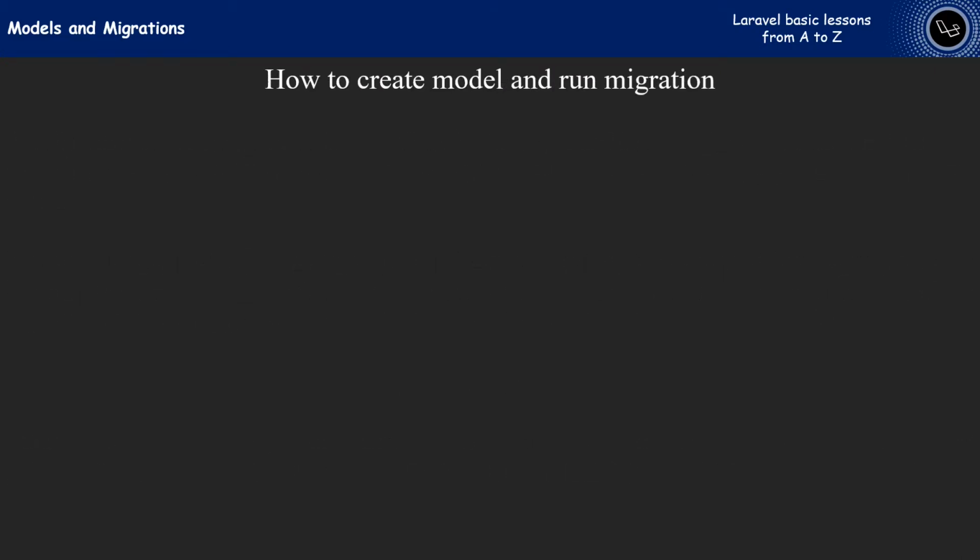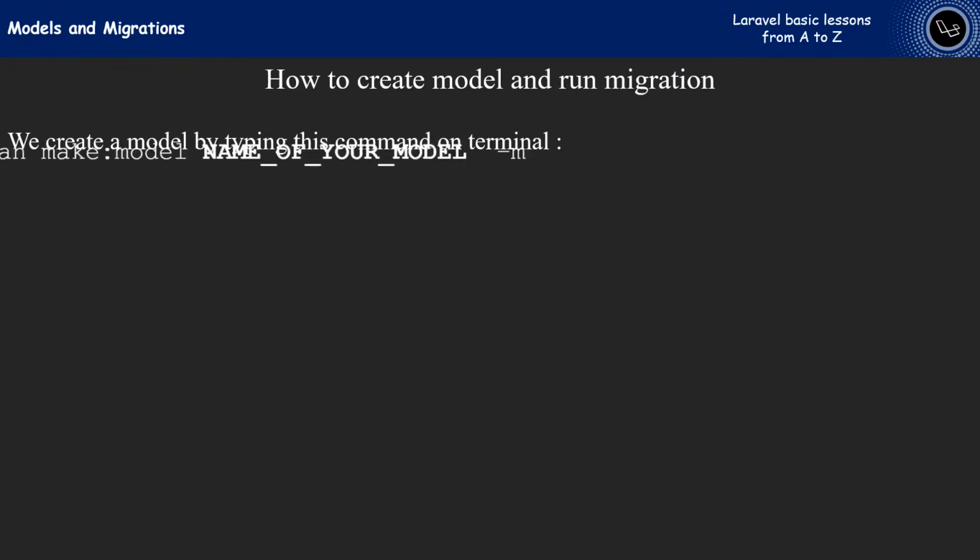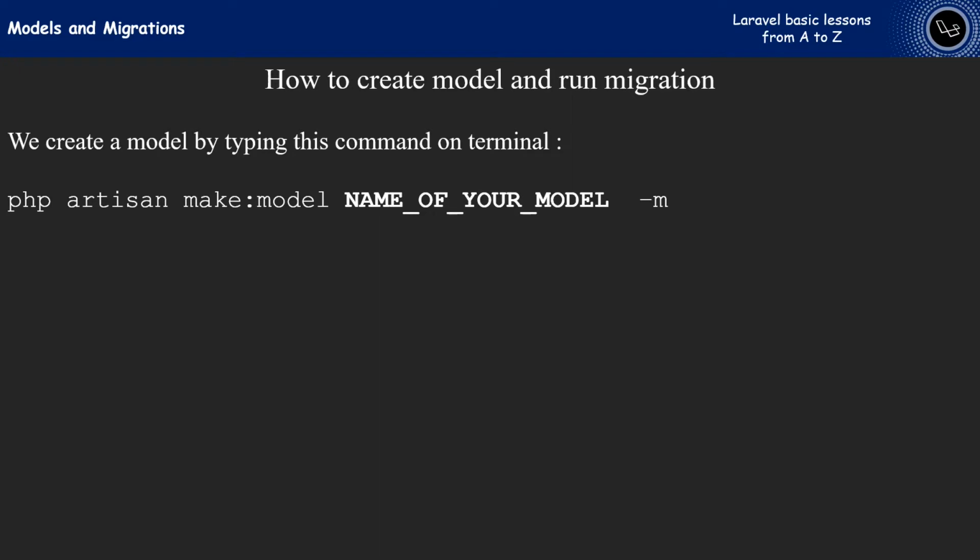Now, how to create a model and run a migration. We create a model by typing this command in the terminal: php artisan make:model, and then you put the name of your model, and after that you put a space and -m.